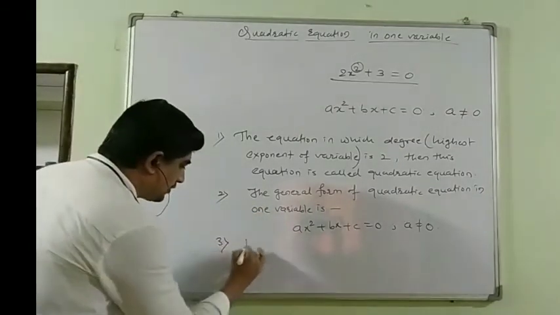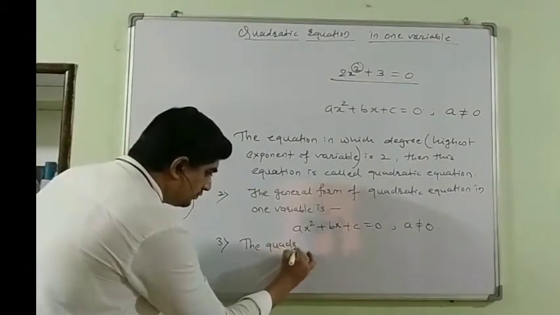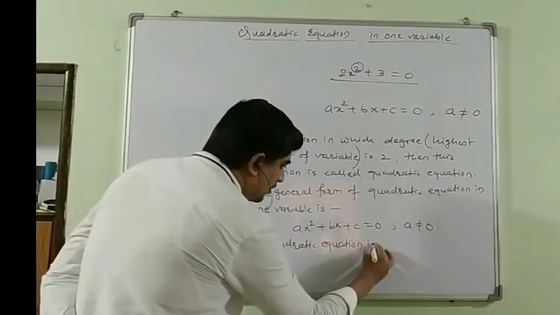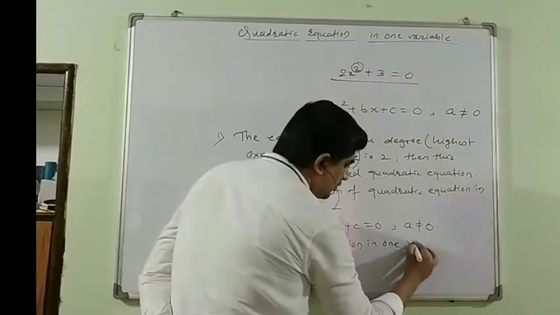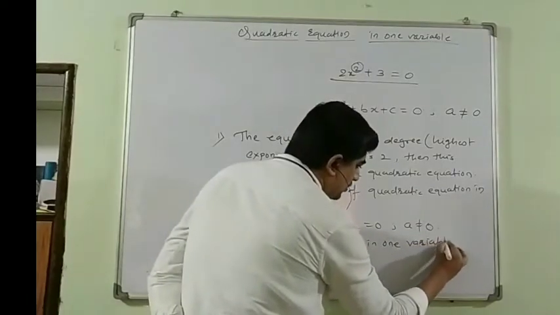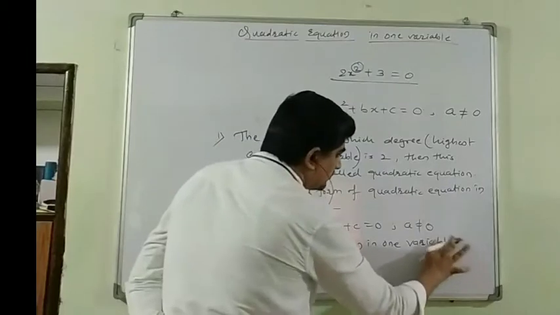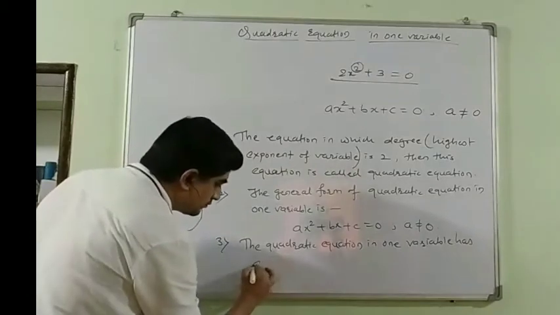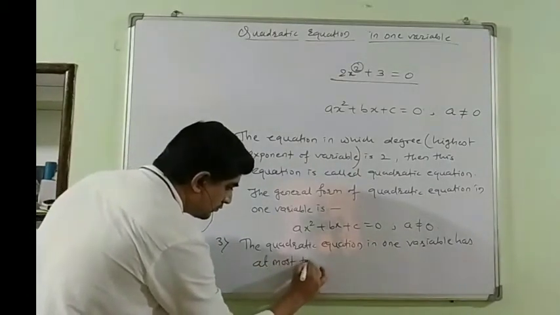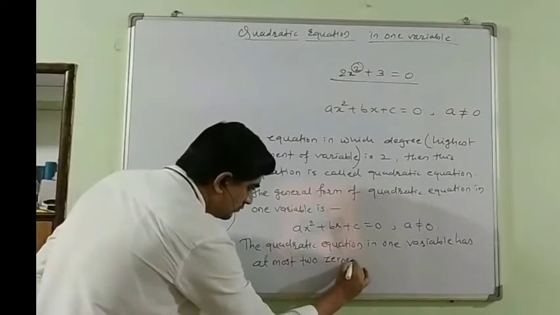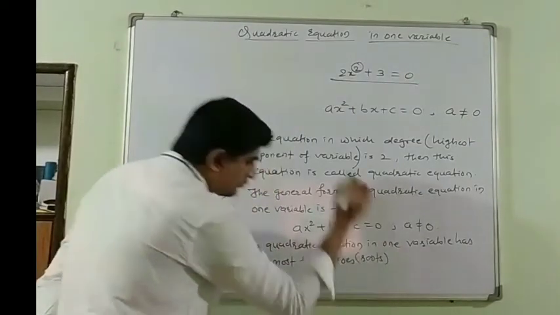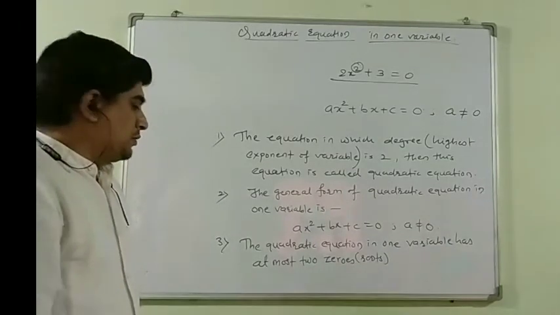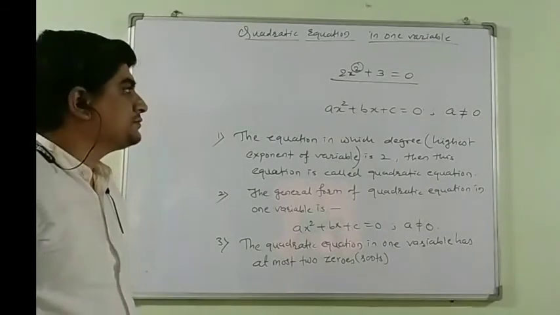Third point, the quadratic equation in one variable has at most two zeros, that is, roots.